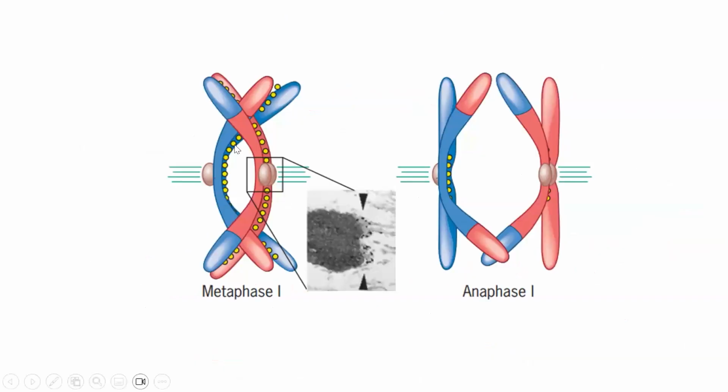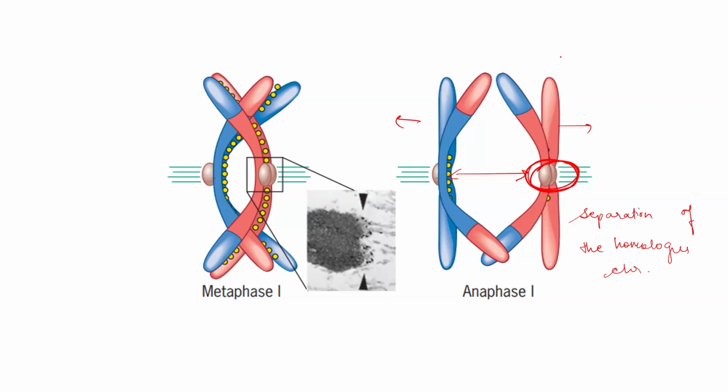So this is the metaphase 1 to anaphase 1 transition. You can see here that these are moving to the opposite spindle poles. The cohesin protein between the sister chromatids remains intact, but the cohesin protein between these two homologous chromosomes gets dissolved, resulting in the separation of the homologous chromosomes.